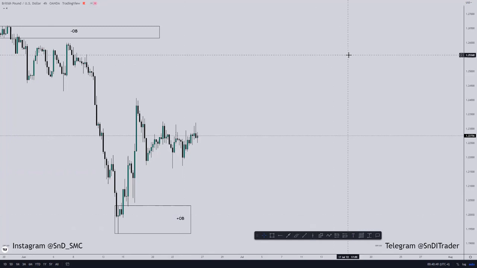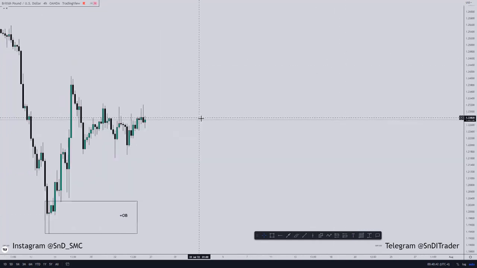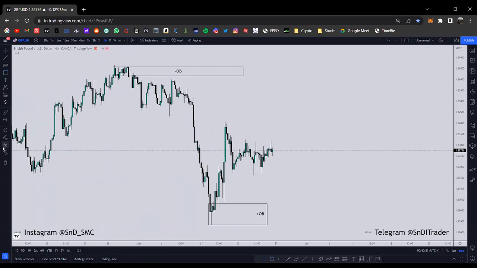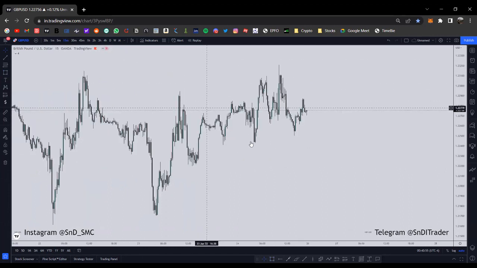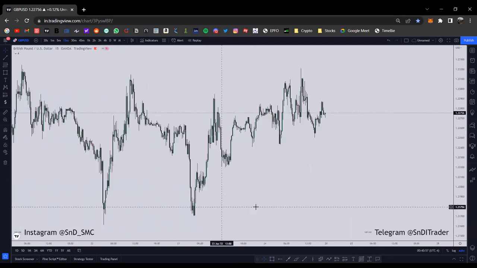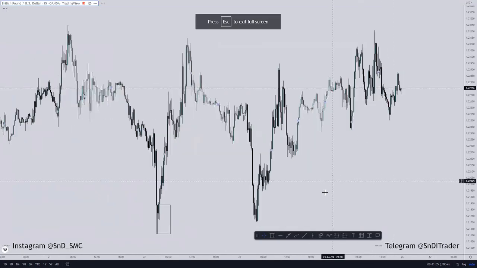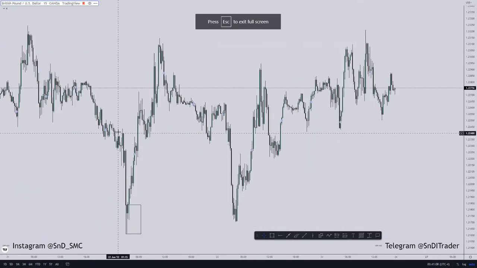That is how you are going to see these things. And the same thing here. You see, this was the last candle which was responsible for this break of structure here.